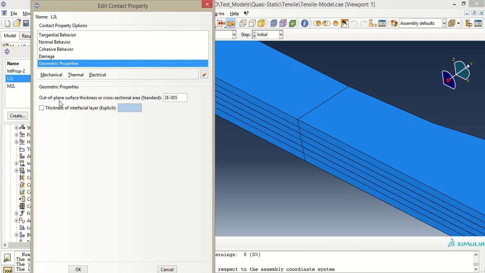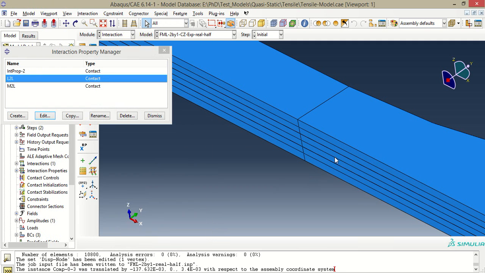Geometric properties: here I'll provide an out of plane thickness. Whatever cohesive zone thickness you want to put in, just put that. The cohesive zone thickness between the composite layers is small, around 2e minus 5 between the two layers.